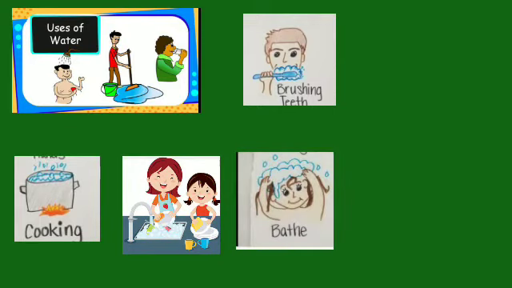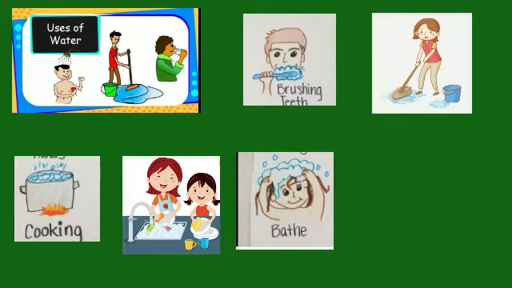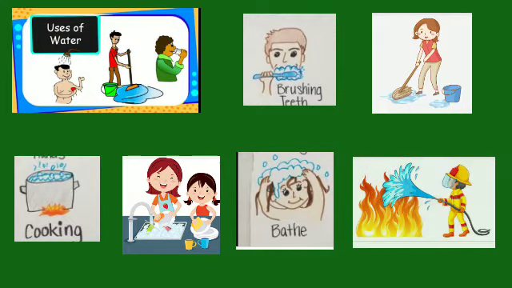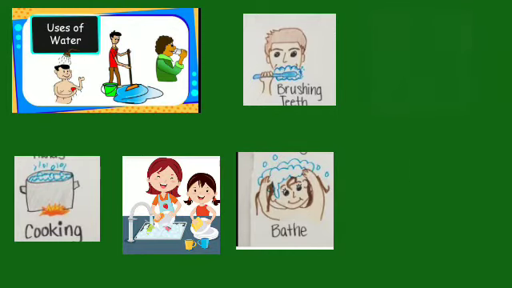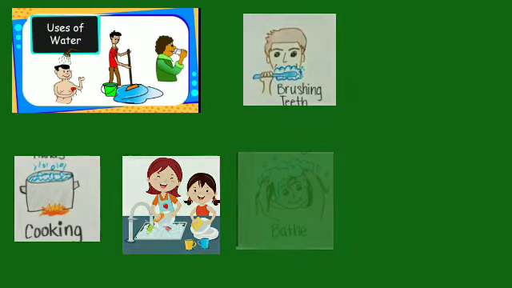We need water to take bath, right? And also to clean our house, to mop the floor. And to put out fire, we need water, right, children? Other uses like washing clothes, cleaning car. So water is very important. When we are thirsty, we look for water, right?